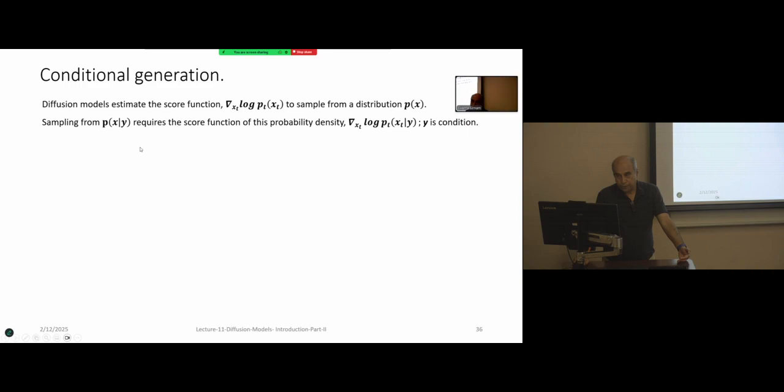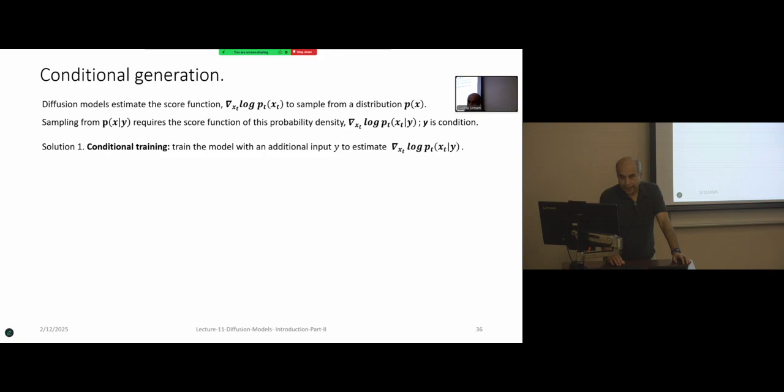Therefore we will have the gradient of this probability, Pt(xt given Y). So that will be the change. And now, one simple way will be to do the conditional training.